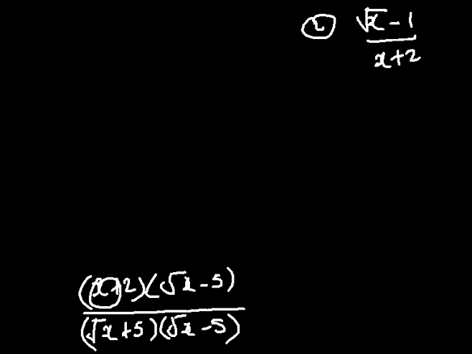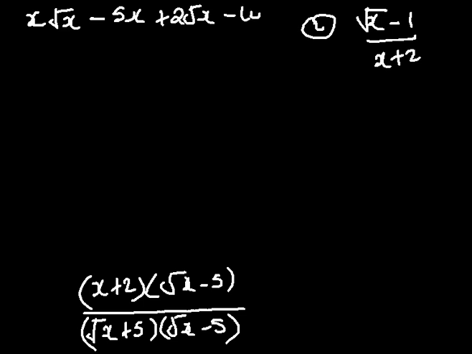We have x times the square root of x. We should just leave it in that way. Then x times negative 5 is negative 5x. And we have 2 times the square root of x, that is plus 2 square root of x. We have 2 times negative 5, which is negative 10.